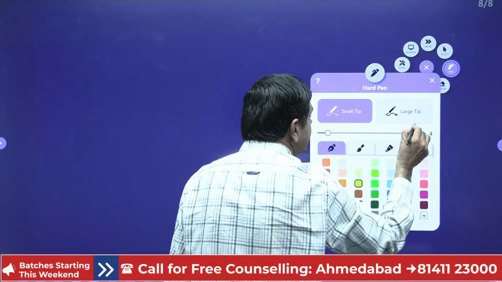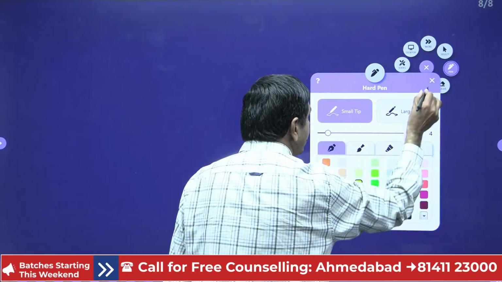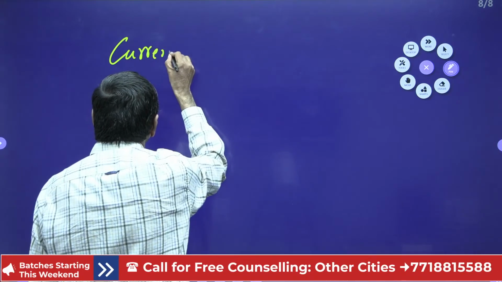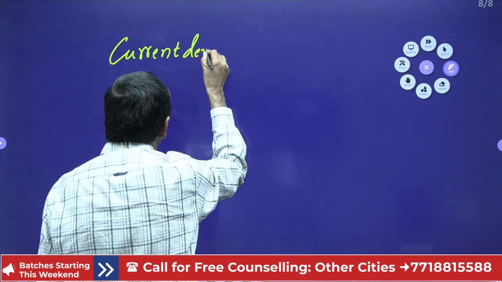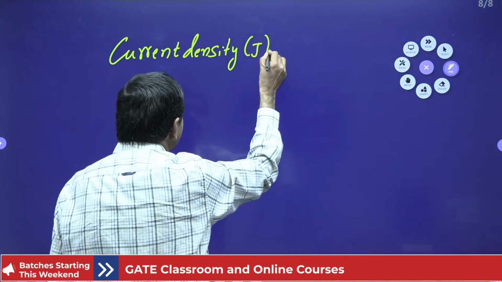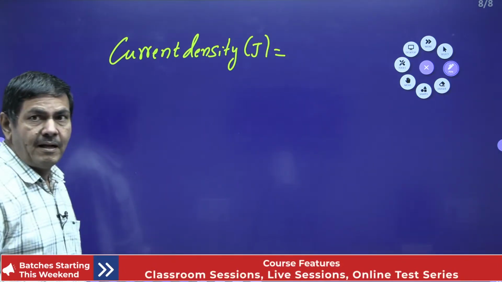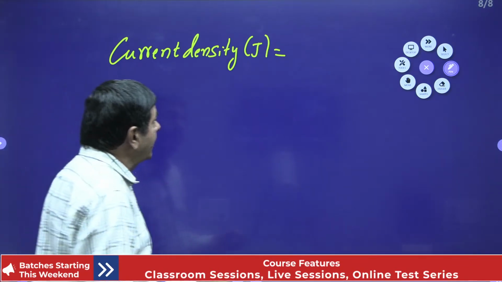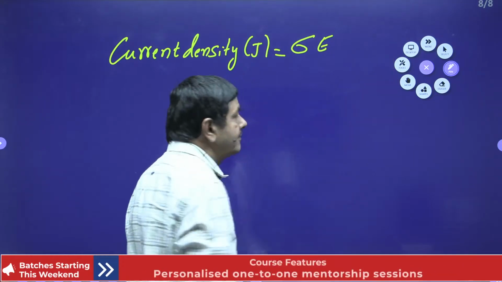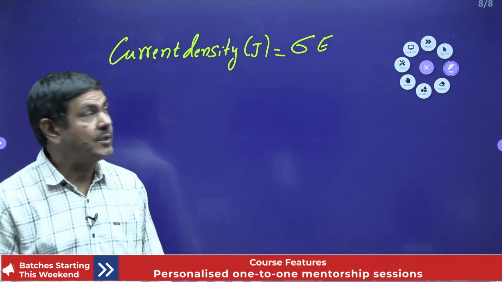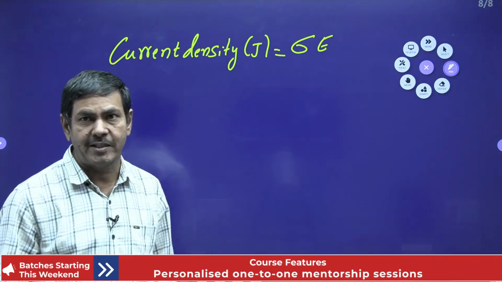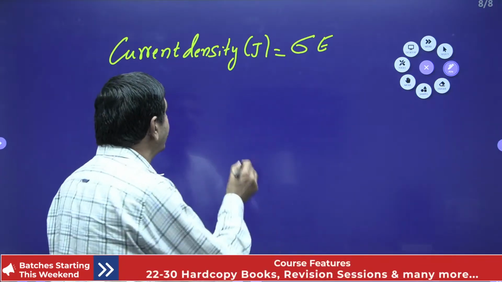The current density we can calculate by using this formula. Current density is denoted by symbol J. I explained already in conductors, current density equals sigma, conductivity, into electric field intensity. I derived it in the last class also, so I will write directly this value.